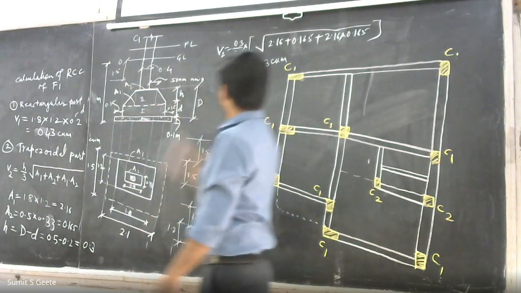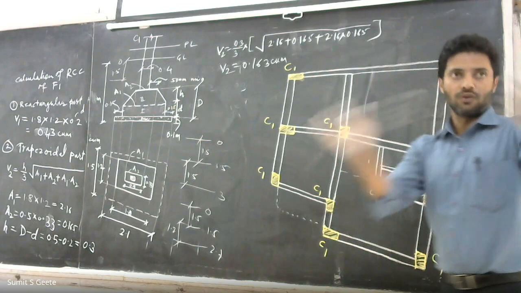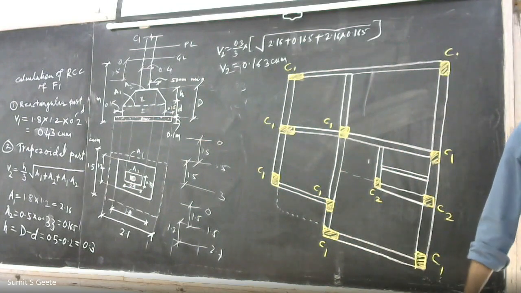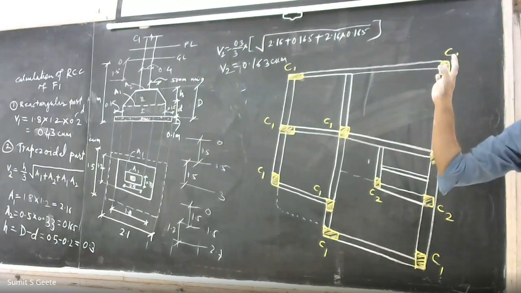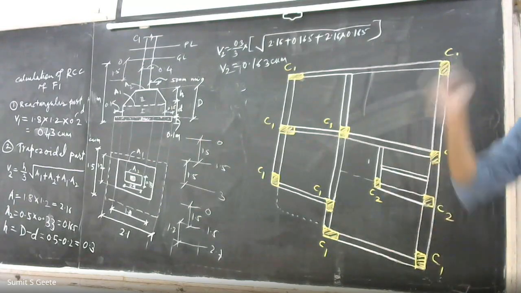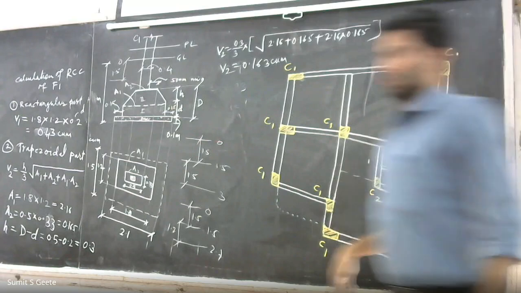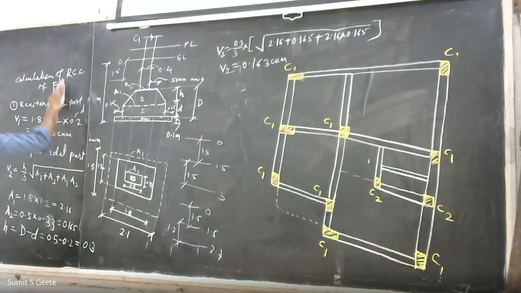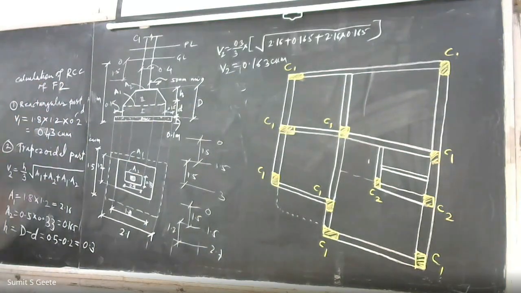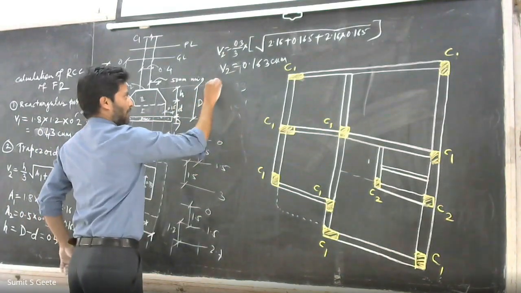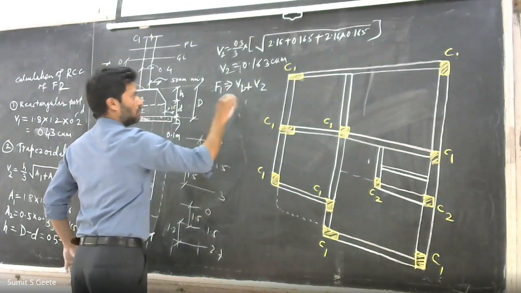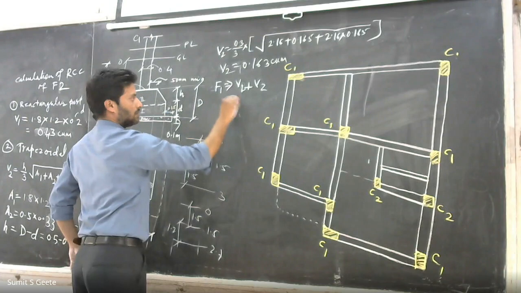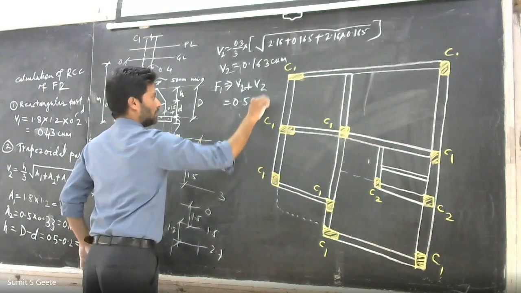What is V2? ठीक है, दोनों का एडिशन, ठीक है, 0.59. अभी कैलकुलेट करो फॉर F2. उसको लिख लो, क्या था फॉर F1, V1 plus V2 टोटल बना दो. ठीक है.